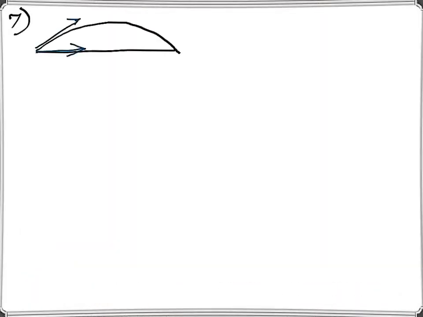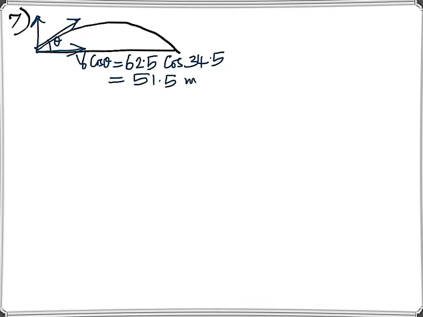In question 7, as usual, the horizontal is 62.5 cos 34.5. The vertical is 62.5 sine 34.5.